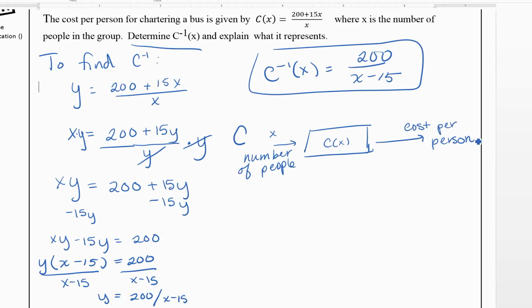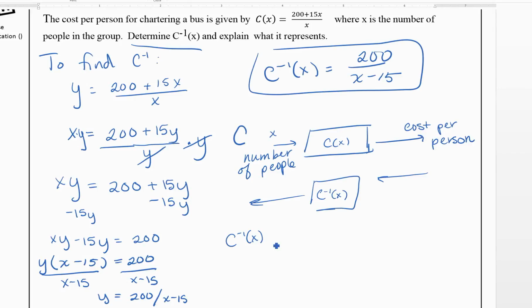Now, if we're talking about the inverse, we're going the other way. So what C inverse of x tells us is, if you put in the cost per person, it tells you the number of people that you can charter a bus for.